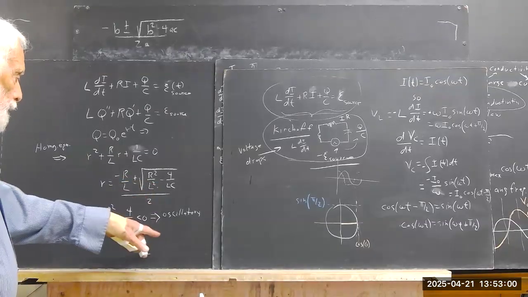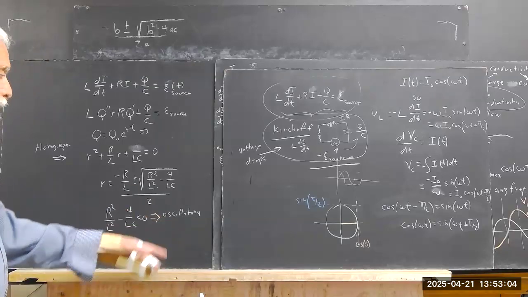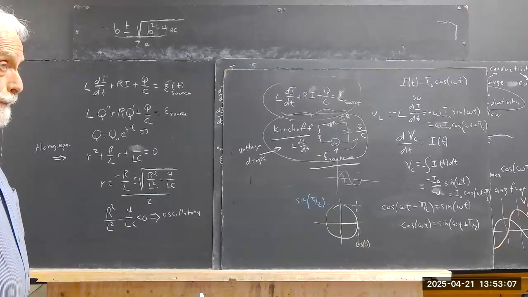If this discriminant is negative, in whichever way you rearrange things, you have oscillatory behavior.